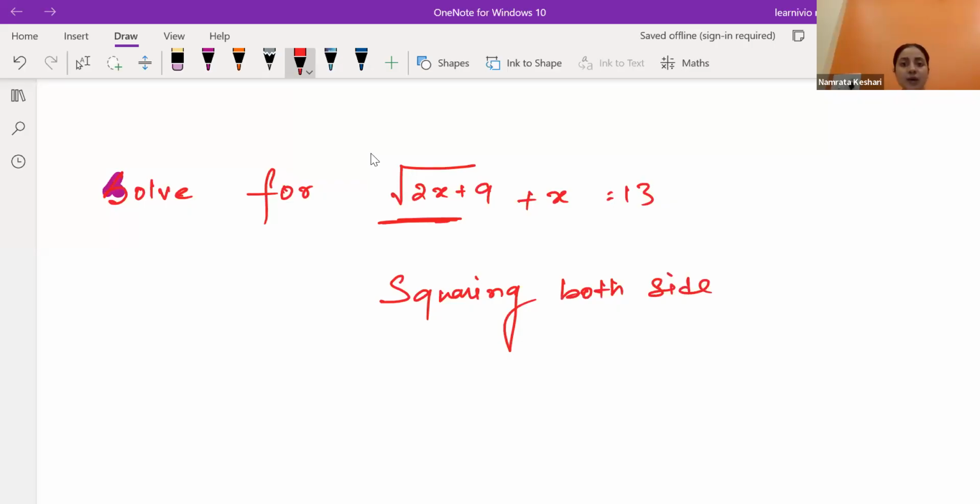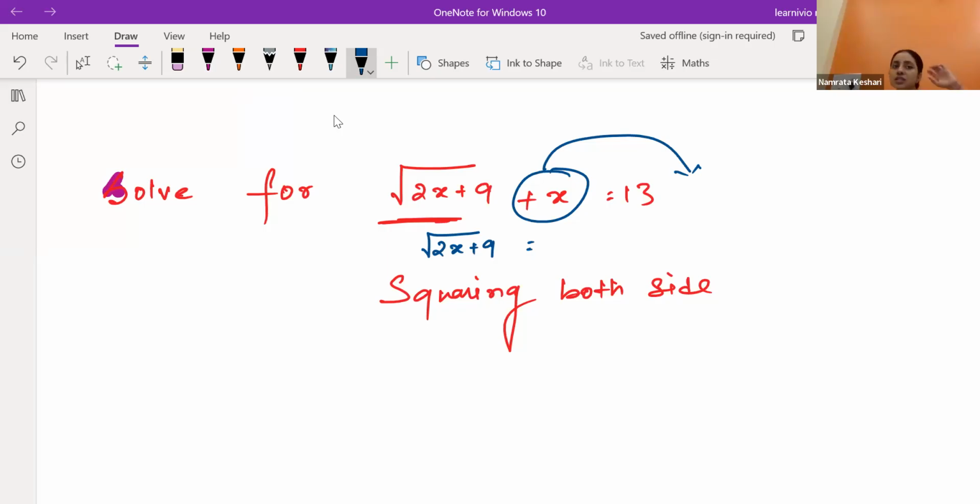But while doing so, we will be careful: on one side only the square root term, 2x plus 9, should be there, and this x we will shift to the other side. Always before squaring, we keep the square root term on one side and all the remaining terms on the other side. Why we are doing so, I will show you, but for now it will be 13 minus x over here.